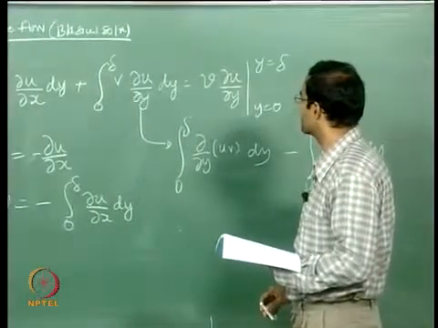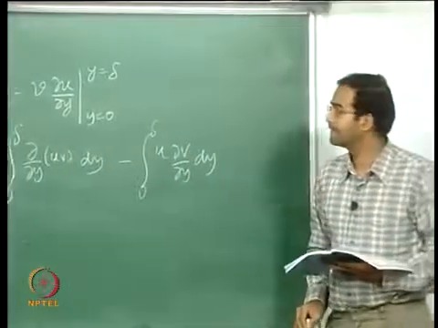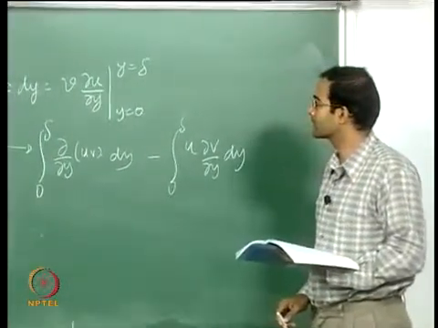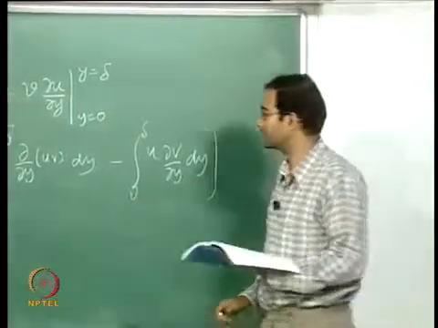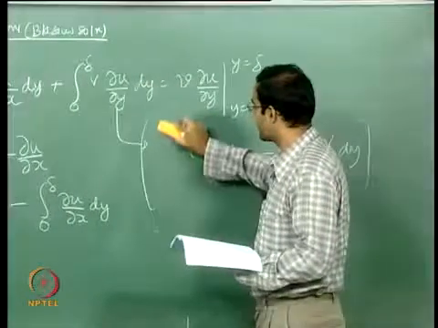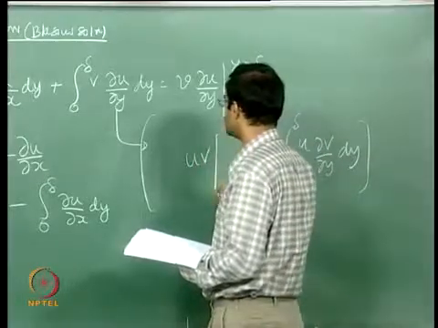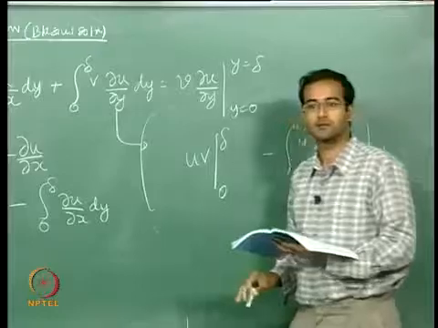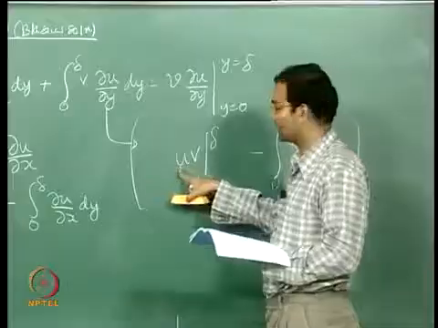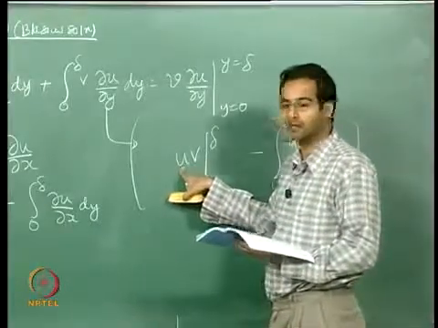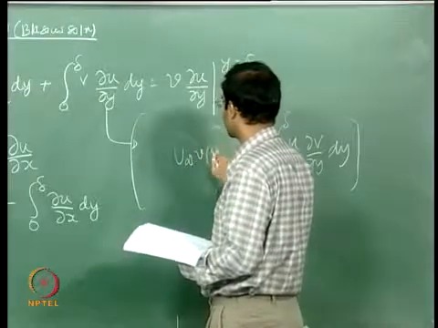I am integrating by parts. If I do that, I can directly write it as uv between the limits 0 and delta. Of course at 0, u and v are 0, and at delta u is equal to u infinity, so this is u infinity times v at delta.